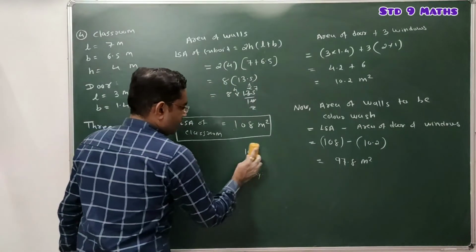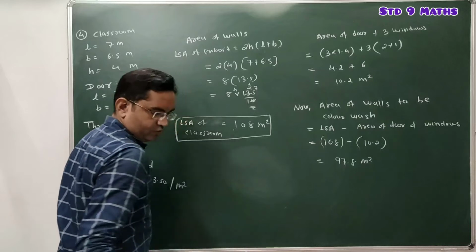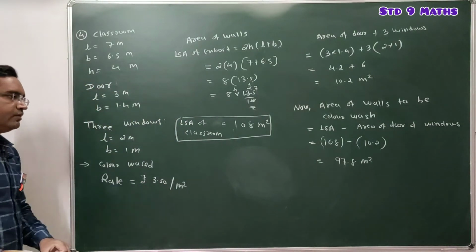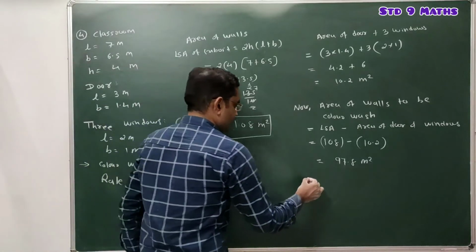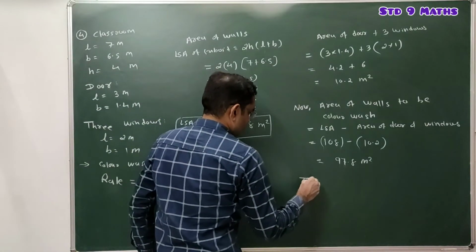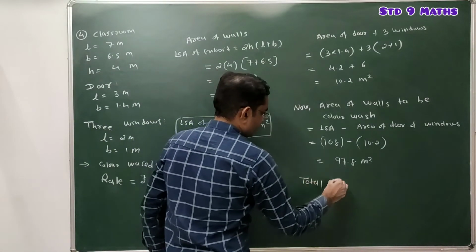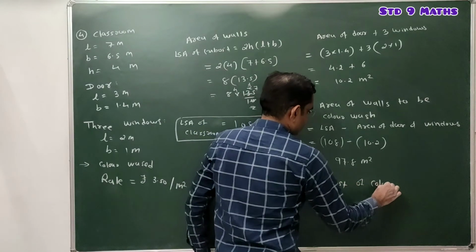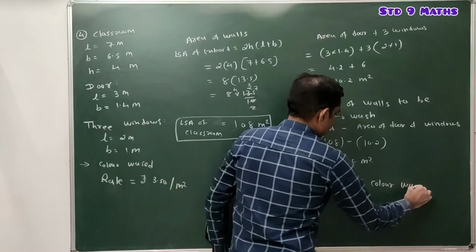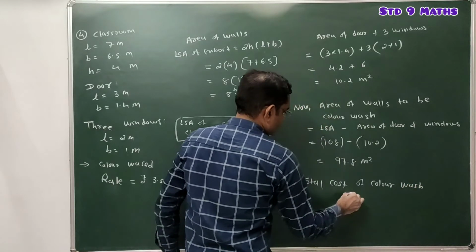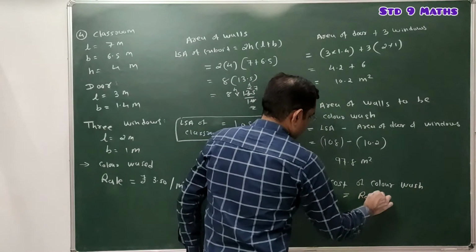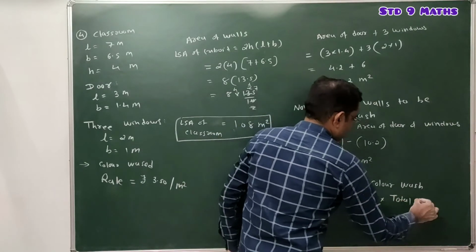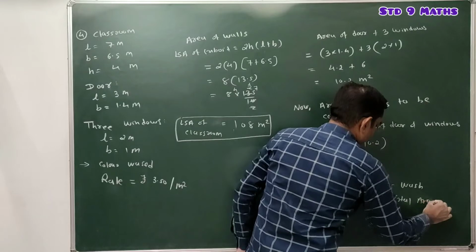Done. Now we have to find the total cost. Total cost of color washing 1 meter square area is 3.50. So total cost of color wash is equal to rate into total area to be washed.